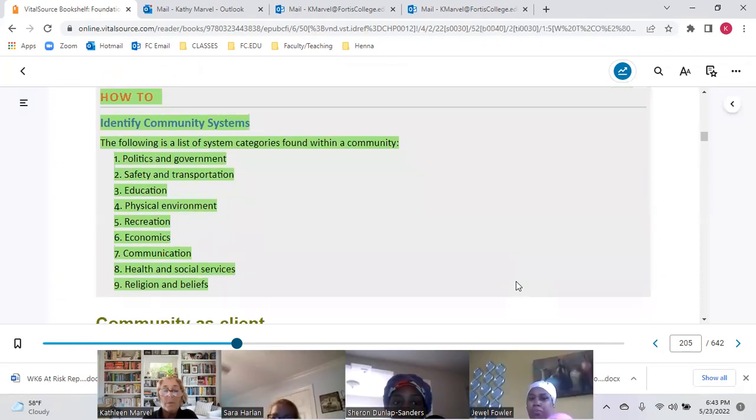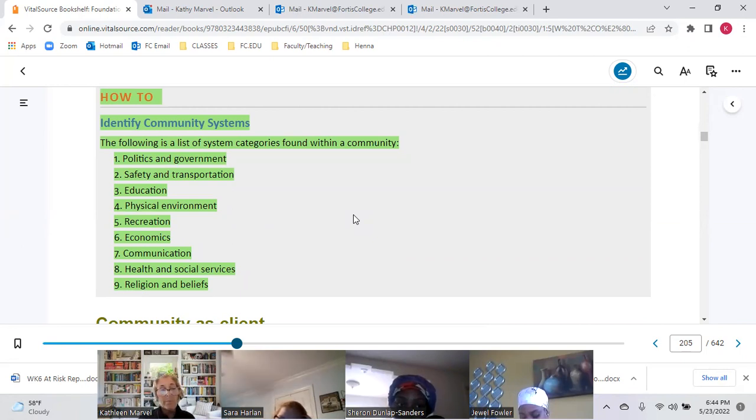So we also need to know this. How do we identify community systems? These are 9 categories that are found within communities. There are many more, but these are the 9 that are recognized. So all of these 9 are in every community. This is the basic makeup of the community.